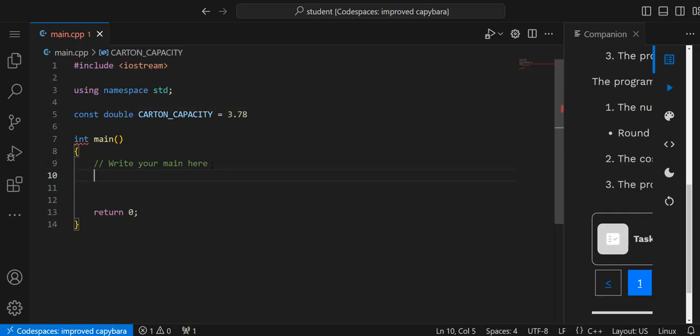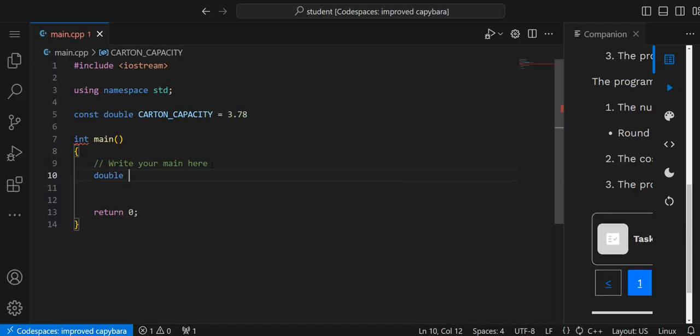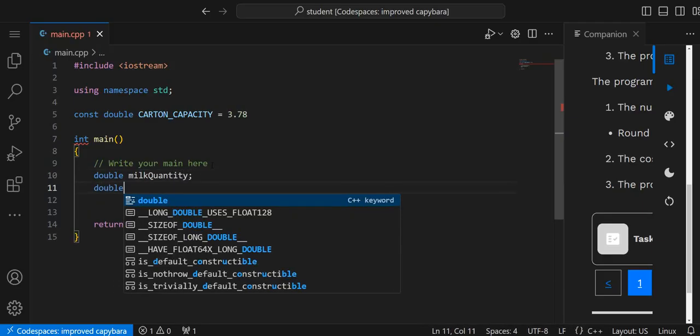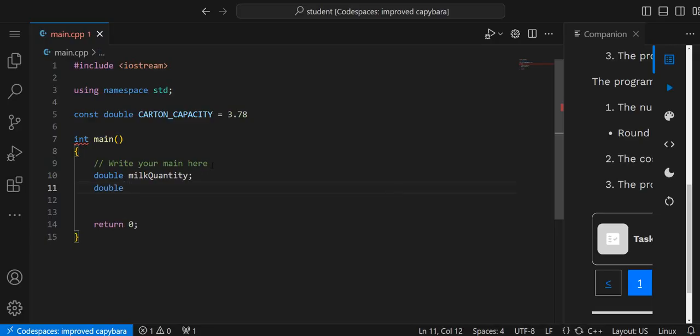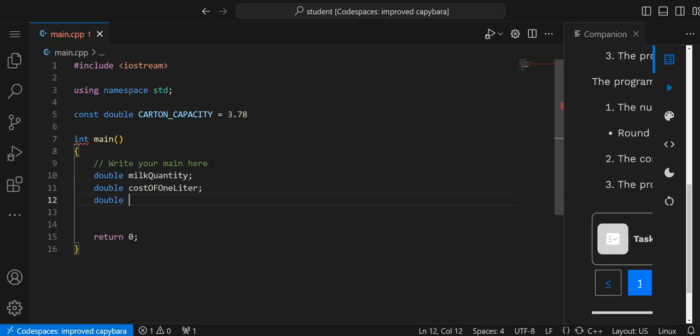Let's start by declaring our variables. They're all doubles, but we'll line them up because there's quite a few. Milk quantity, pretty familiar. Double cost of 1 liter. Another double, profit on a carton.